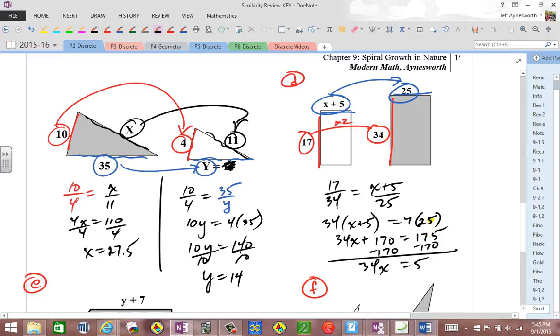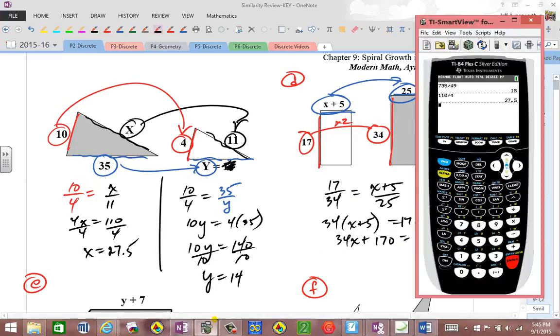Let me check. 17 to 34, x plus 5 to 25. That looks good. That's correct. So I wrote down 7. That's the problem. Okay, I knew something was wrong because I wasn't getting the right answers here. It wasn't making sense. Okay, I got to write down the right number. 17 times 25. Okay, here we go.